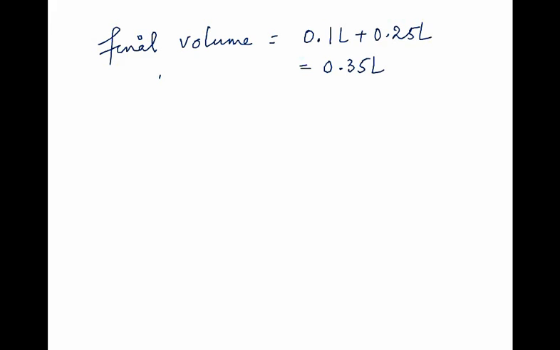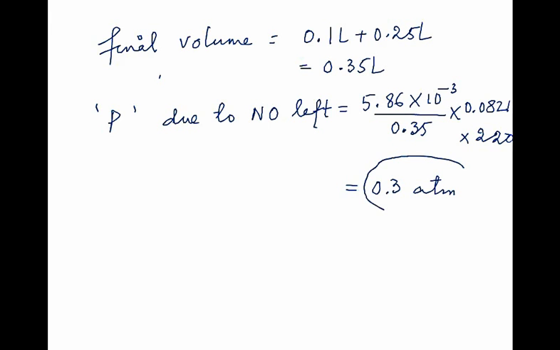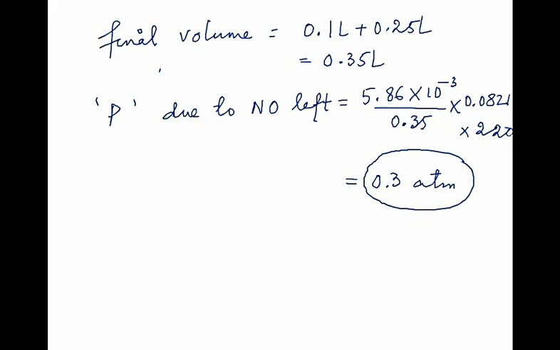So the pressure due to NO left is equal to 5.86 multiplied by 10 to the power of minus 3 divided by 0.35, multiplied by 0.0821 multiplied by 220. This total value becomes equal to 0.3 atmosphere. So this is the pressure due to the nitric oxide that is left.